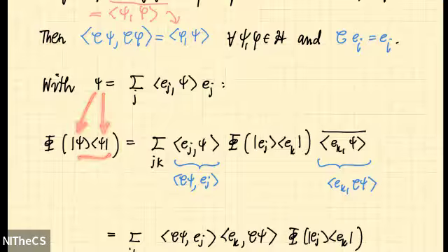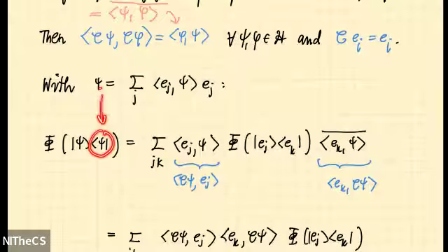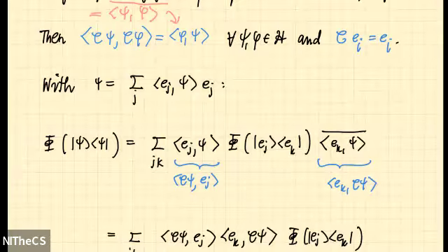That's quadratic. I will get two sums, j and k. And for the ket here, I simply get these components from this expansion. And for the bra, taking the bra means I have to take the complex conjugate of the coordinates.